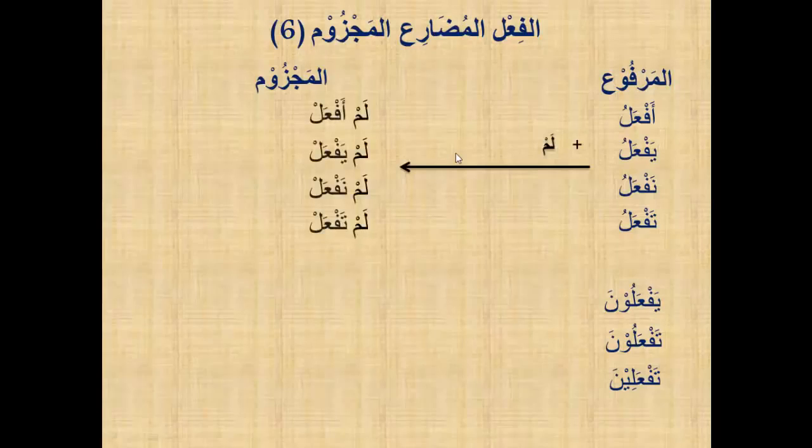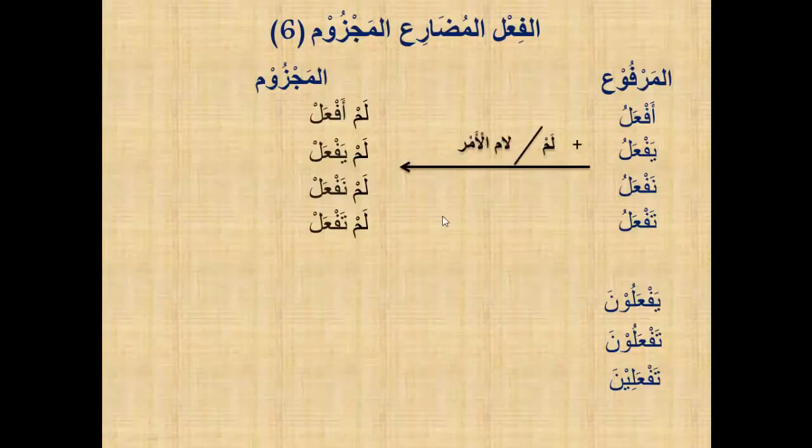What are the majzoom markers? Let's take a look. When we add lam in front of a verb, in front of af'alu, yaf'alu, naf'alu, or taf'alu, we get lam af'al, lam yaf'al, lam naf'al, and lam taf'al.